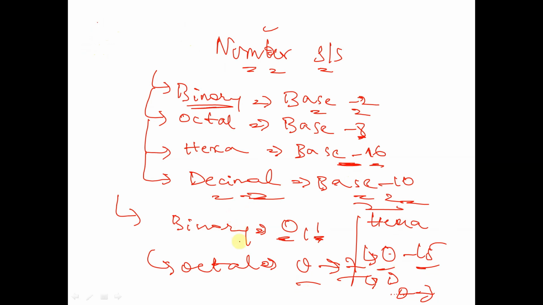So that's the partition of number systems: binary, octal, hexa, and decimal. And also we have BCD number systems, that is binary coded decimal. Here we represent the numbers from 0 to 8, sorry, 9. So in BCD we will represent the numbers from 0 to 9.